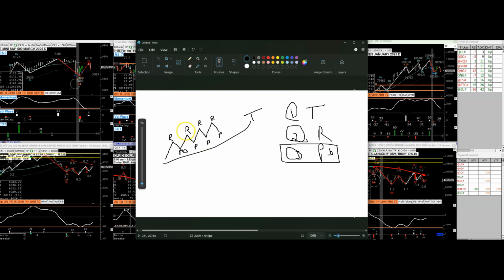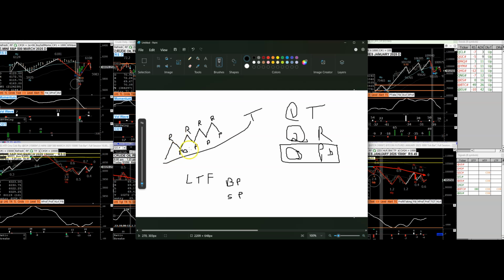The idea is when the market rallies and pulls back, we go to lower time frames and look for buying pressure on the bull pullbacks or selling pressure on the bear pullbacks.